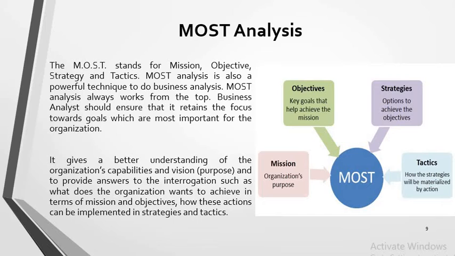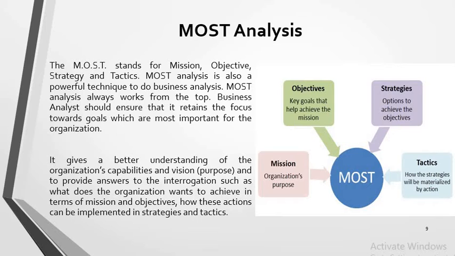Let's briefly see the MOST alphabets. M stands for mission, and mission is your organization's purpose, why you are into business, and what is the purpose behind it. So first you make your purpose for being an entrepreneur, for being into a business.